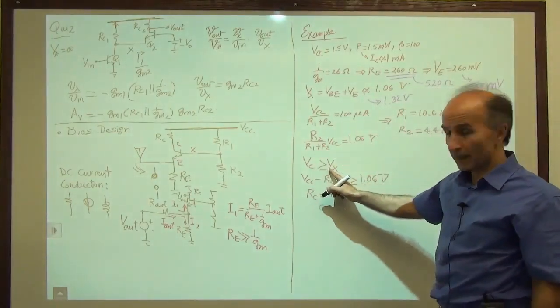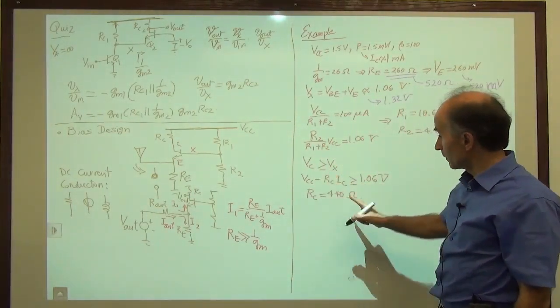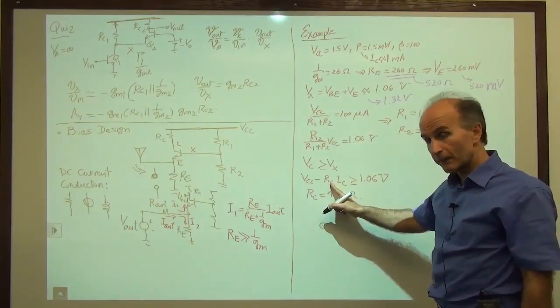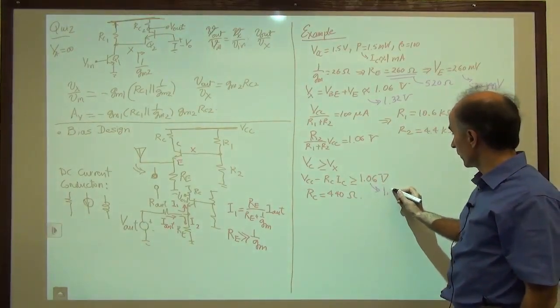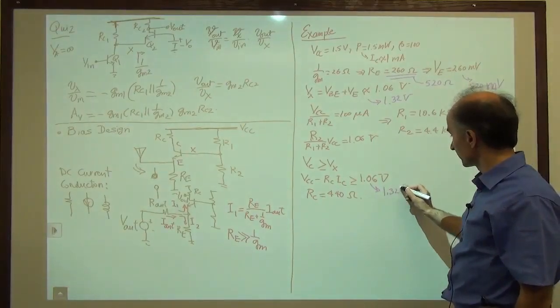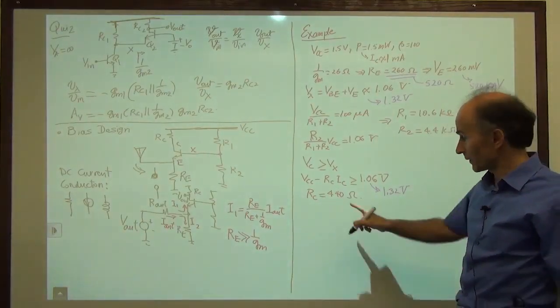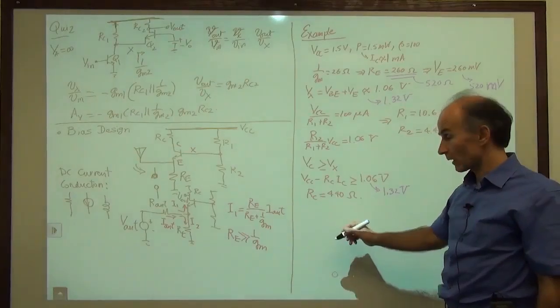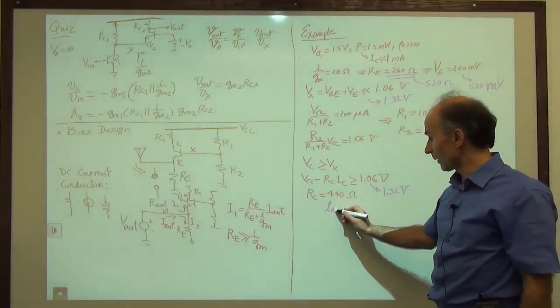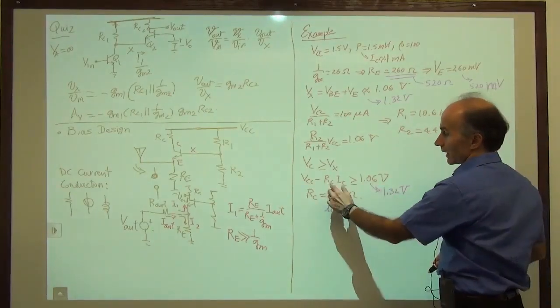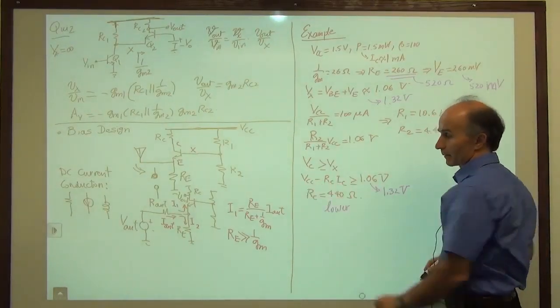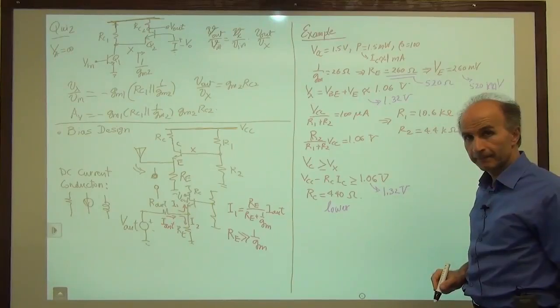This condition still has to hold, which means we have to choose RC so that now this number is 1.32 volts. Now what happens to RC? RC will be lower. I don't know how much it is, but you can calculate it, right? Because if this number goes up, RC has to become smaller.